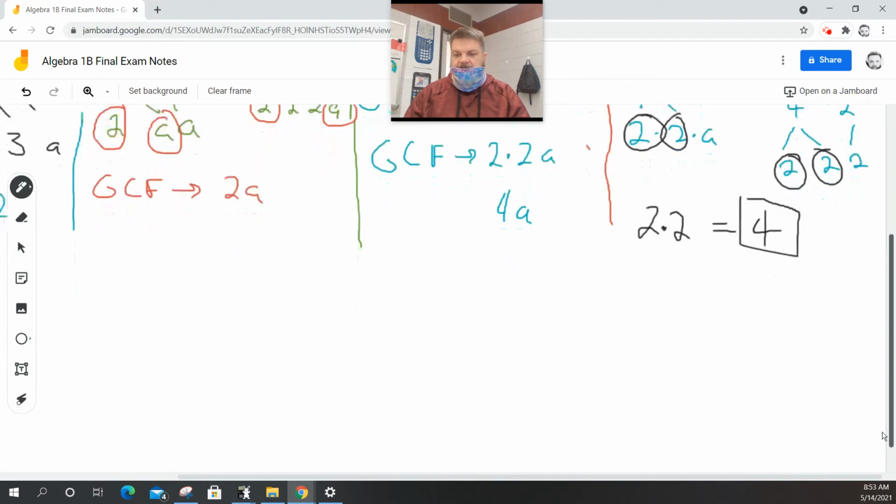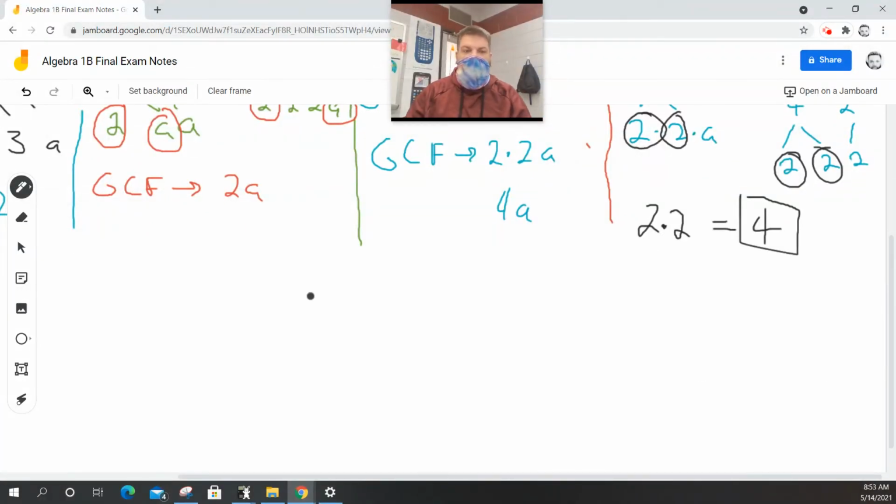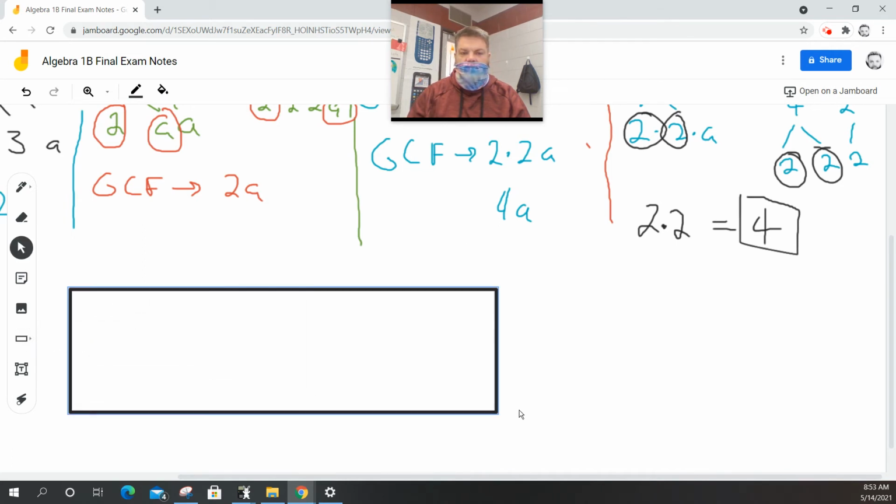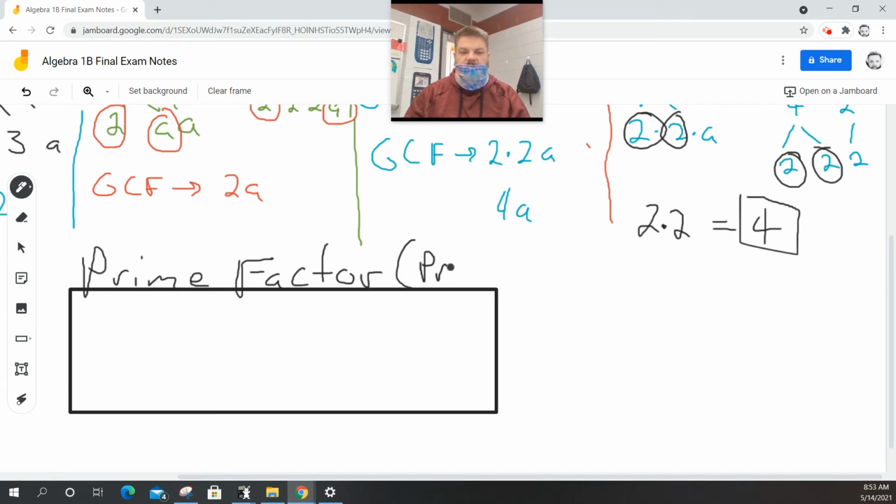Okay. Now, in all those, I kind of glossed over that, and I probably shouldn't have glossed over it, but I want to point out that in all those scenarios, I focused on prime factorization. Now, prime factorization is based on breaking down a number until you have only prime numbers.